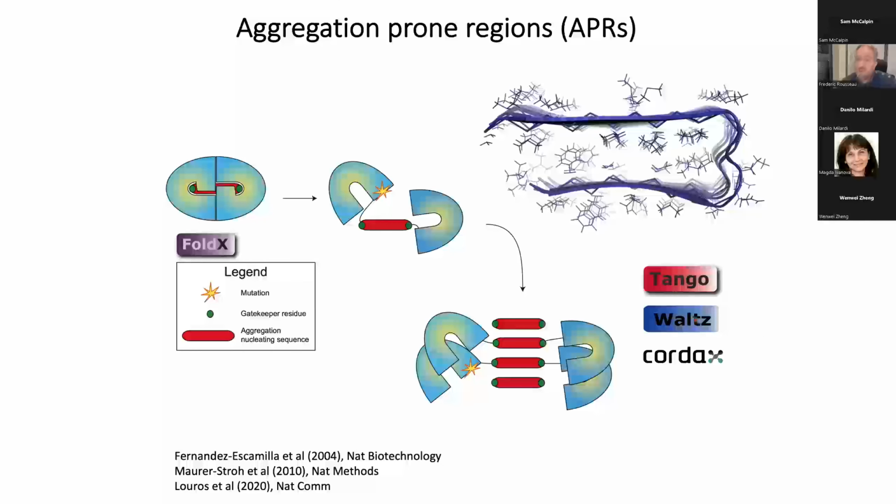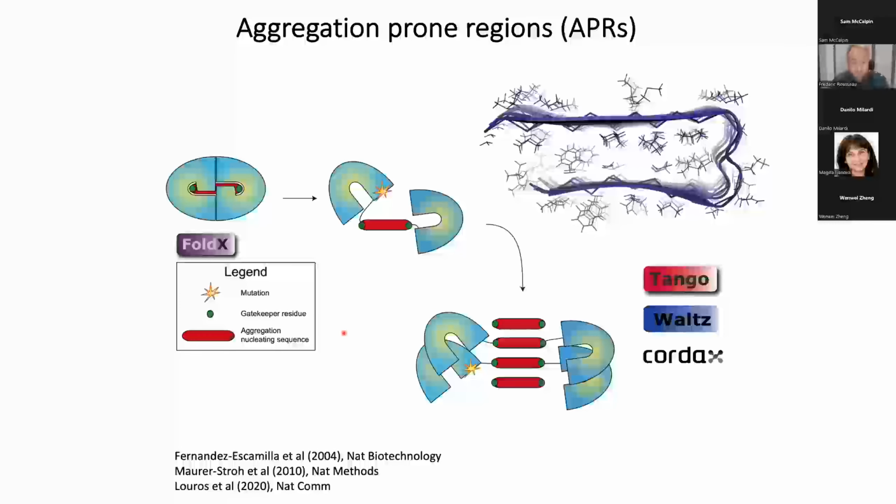Waltz later was used when more data was available. We used actually sequence information to predict APRs in proteins, and more recently we used structural information in Cordax. But the general logic is the same. It's, again, finding those short segments, and generally short we mean 5 to 10 amino acids, something like that, in proteins that really like to aggregate. And those are aggregation prone regions.